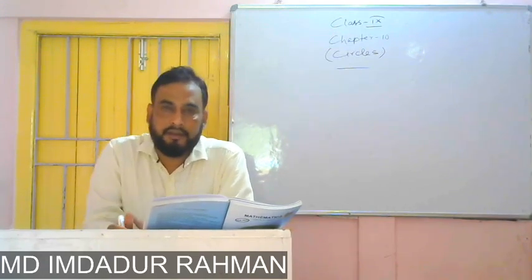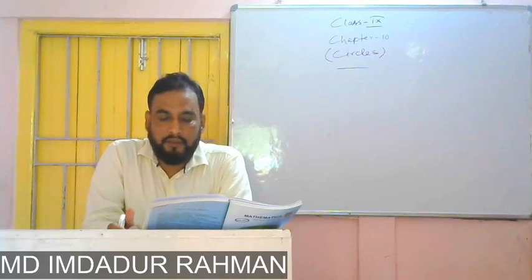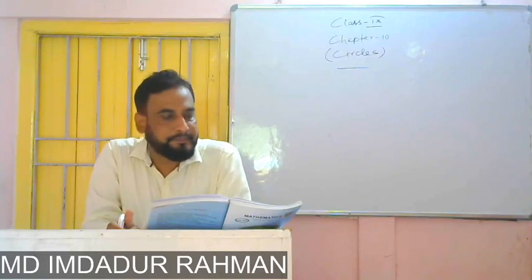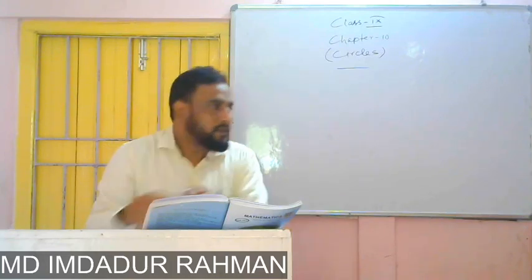The circle is a collection of all the points in a plane which are at a fixed distance from another fixed point in the plane is called a circle, and the fixed point is called the center of the circle.